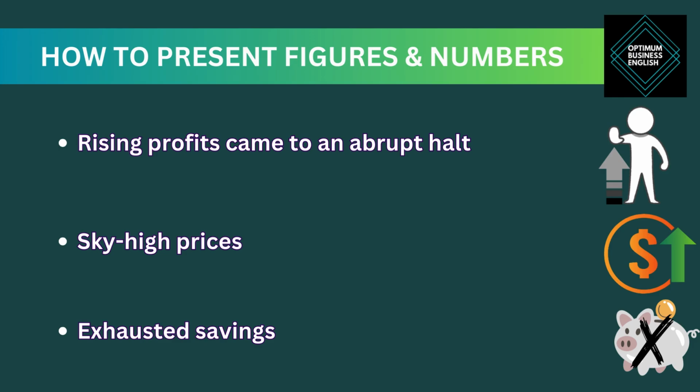The rise or rising profits came to an abrupt or sudden halt. Sky high prices resulted in them needing to cut costs. And having exhausted their savings, with no more savings to use, they had to borrow more money.